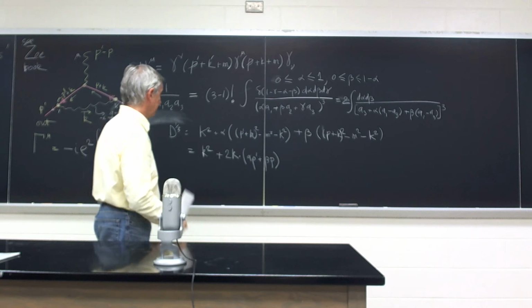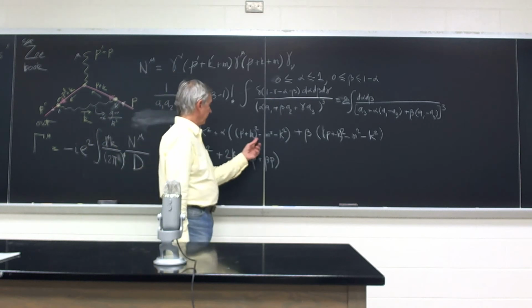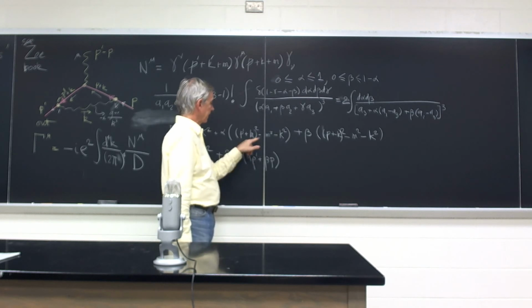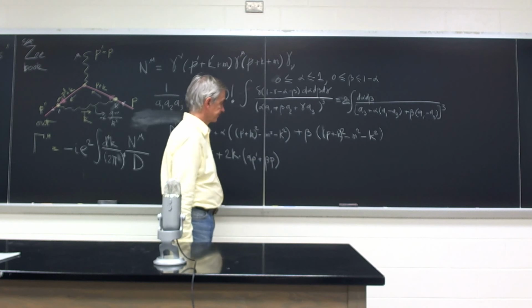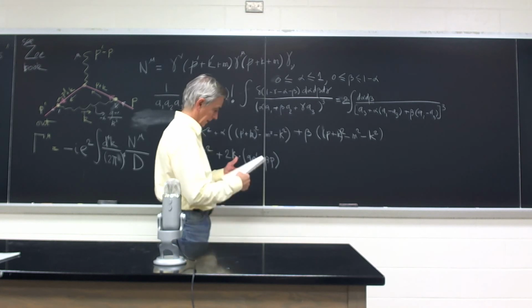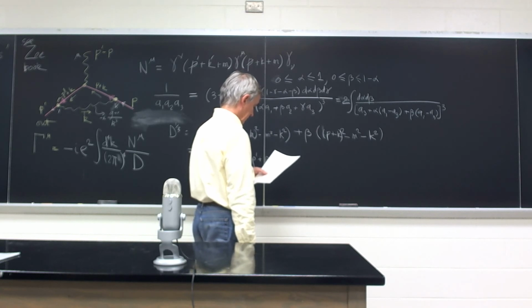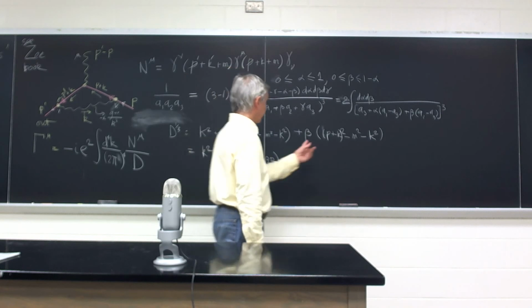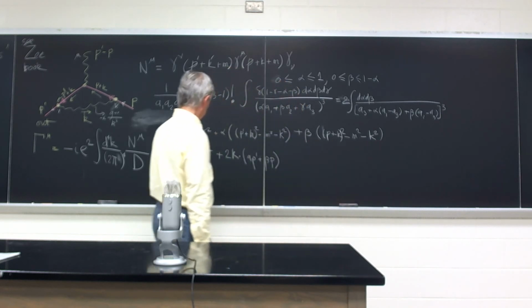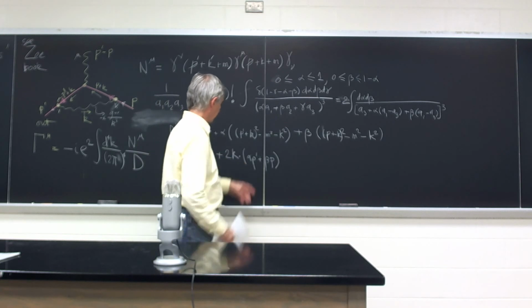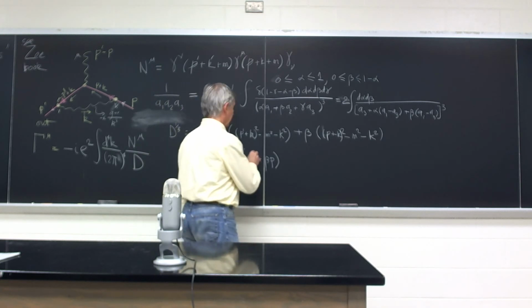When you square this, you get a cross term 2k dot p prime alpha, and k squared cancels. Same story here. So that's why alpha and beta don't have k squares.